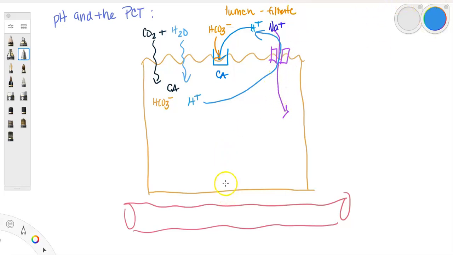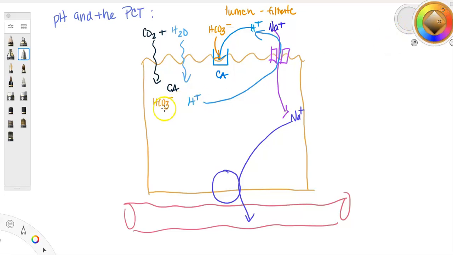On the other side, the basolateral side, the side next to the blood, we have a co-transporter. And this co-transporter takes sodium and bicarbonate into the blood.